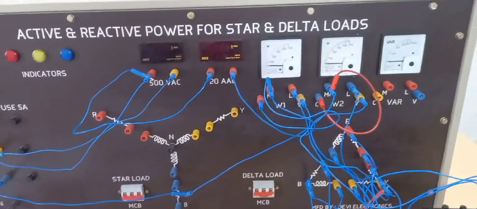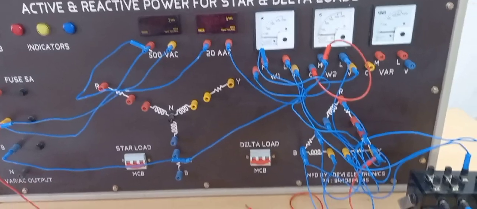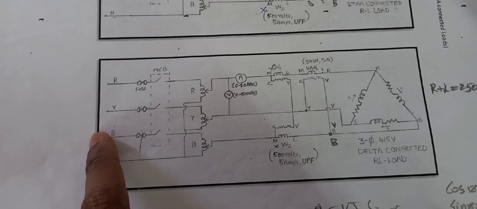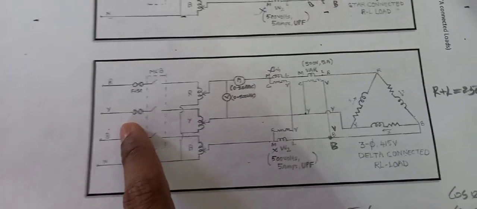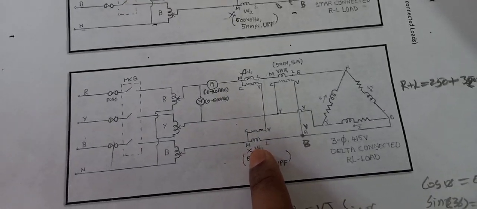Everything is the same as in active power, star load and delta load, all the connections are the same. In active power, star load and delta load, we already did the connections, the same connections here also, wattmeter 1 and wattmeter 2.